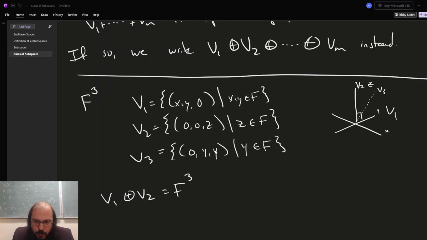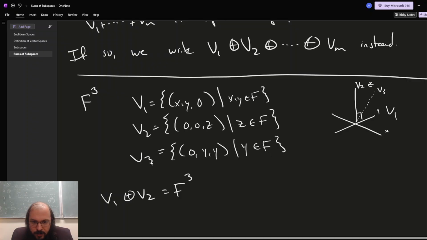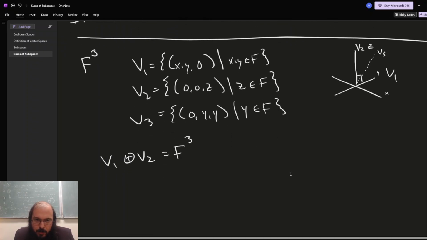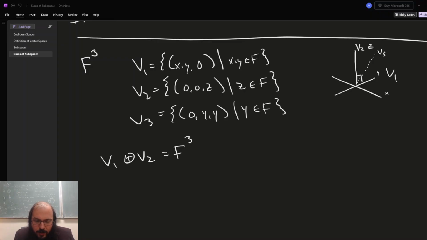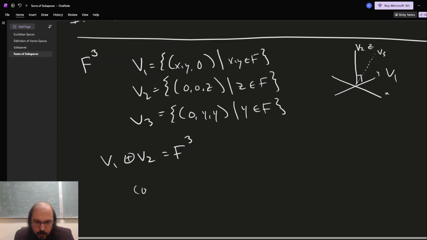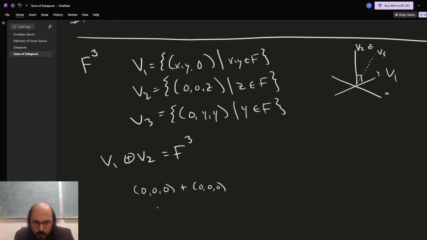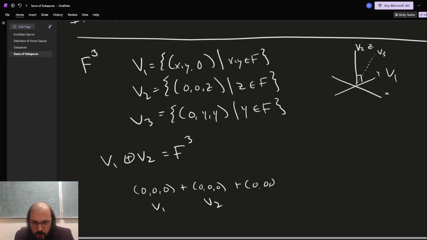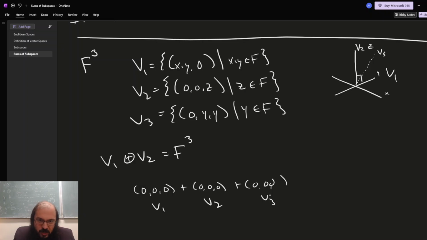On the other hand, it's pretty far from a direct sum if you allow this V3, because just think about the 0 vector. How many ways could I write just 0? Well, I could start by writing 0, 0, 0 plus 0, 0, 0, right? This in V1, this is in V2, plus 0, 0, 0 in V3. Of course I could do that.